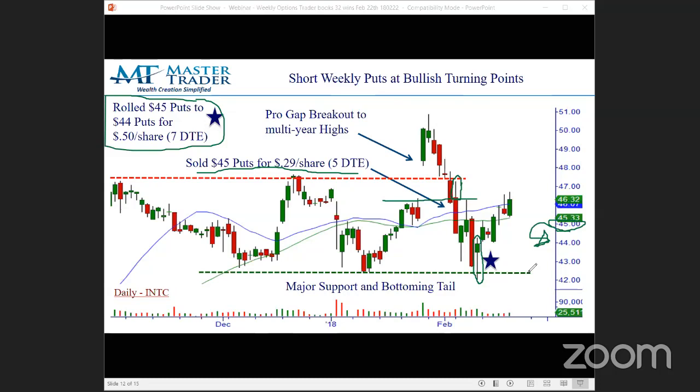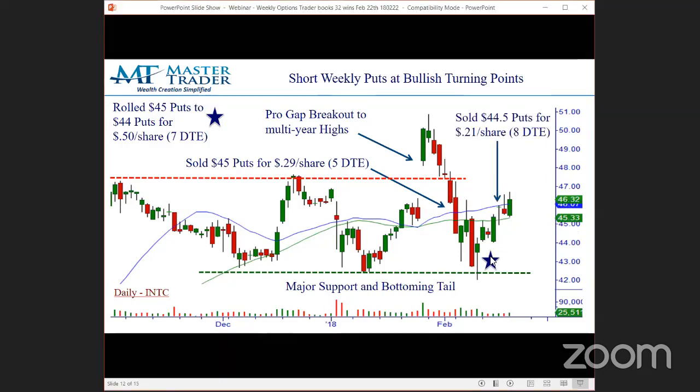So we sold 7 days the next week. But here's the beauty again of selling options, folks. We put another 50 cents a share in our pocket. Plus, we gained an additional dollar of cushion. So that's where we were at that point in time. The story's not over.